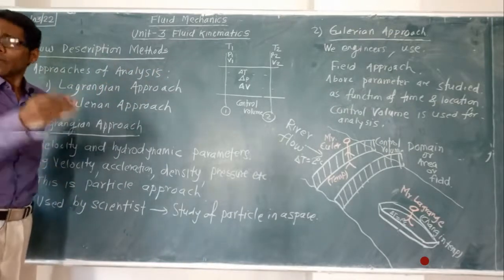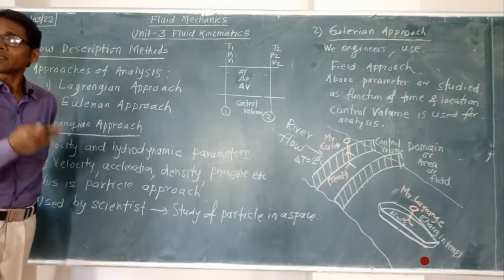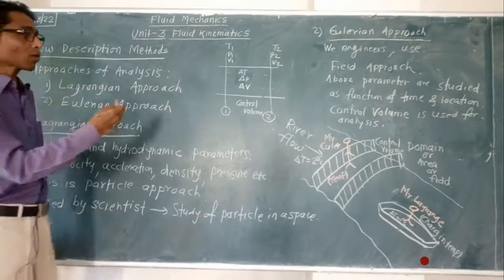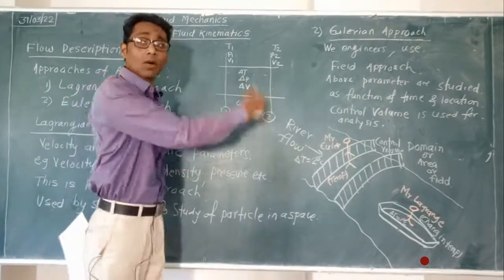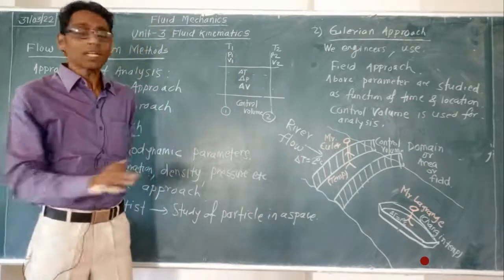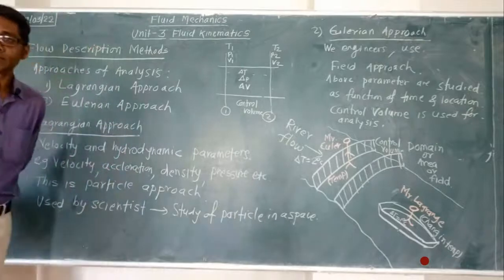And in the daily life applications we use, the design is done by the engineer using a field system, a control volume system. That is the Eulerian approach. Have you understood, all of you?